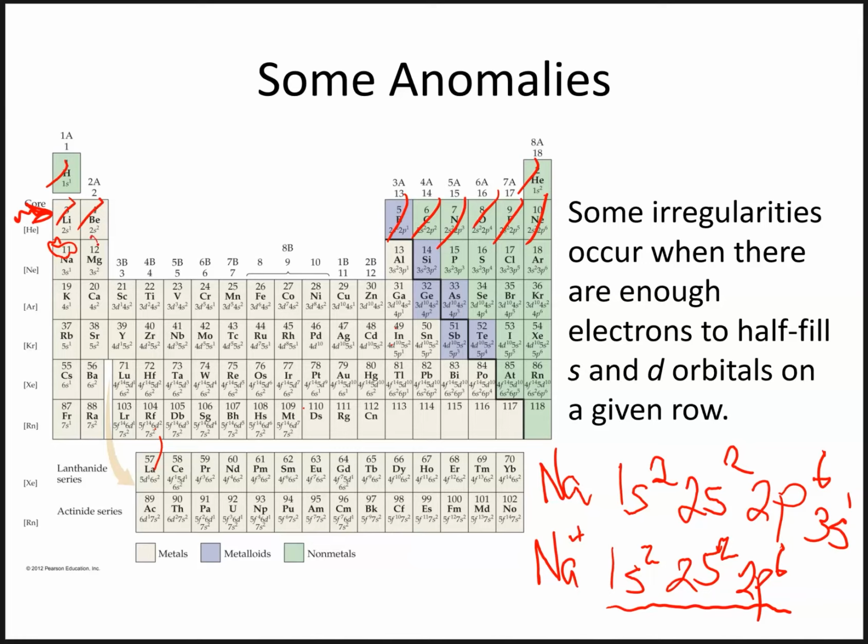In magnesium, we have 10 core electrons, because that's the last row that was filled, and we have 2 valence electrons. Aluminum has 10 core electrons, and we have 3 valence electrons. So we work our way over, and what we see is we get an increasing number of valence electrons as we move from left to right.